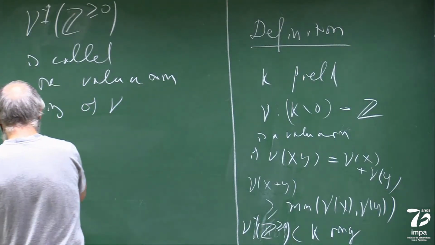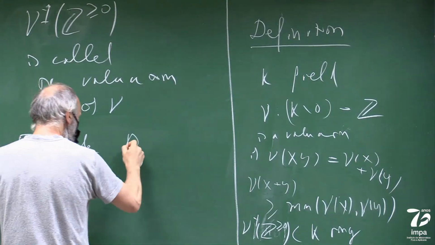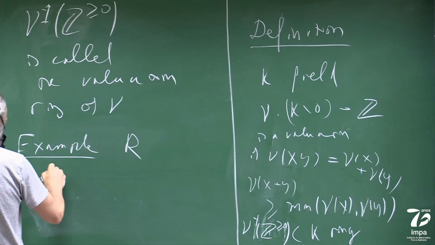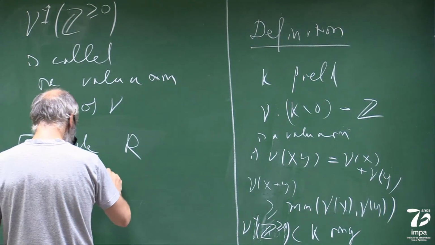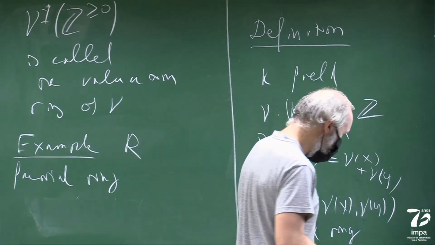Now, an example. Suppose that R is a factorial ring. This means that every element of this ring is a product of primes.